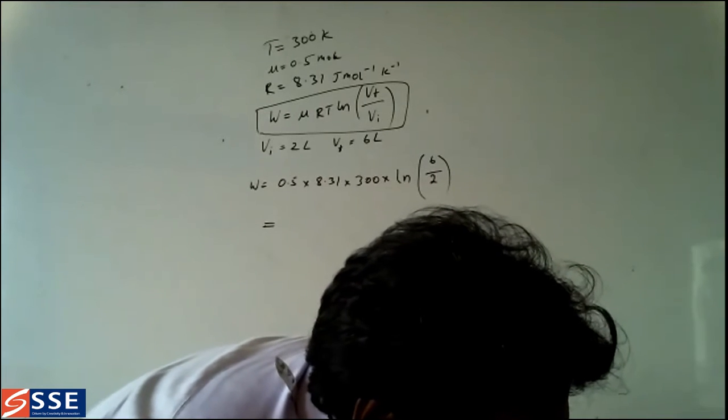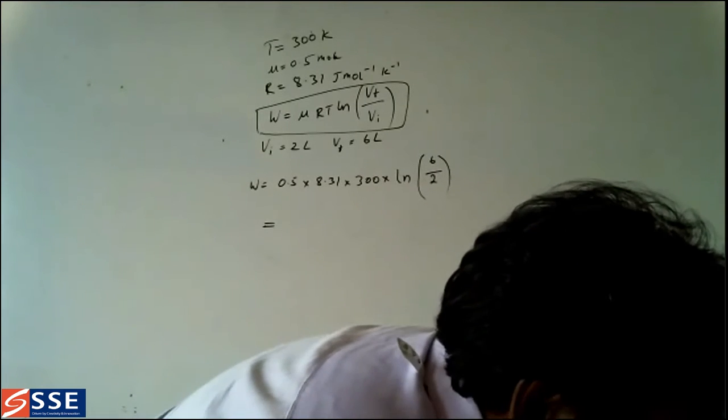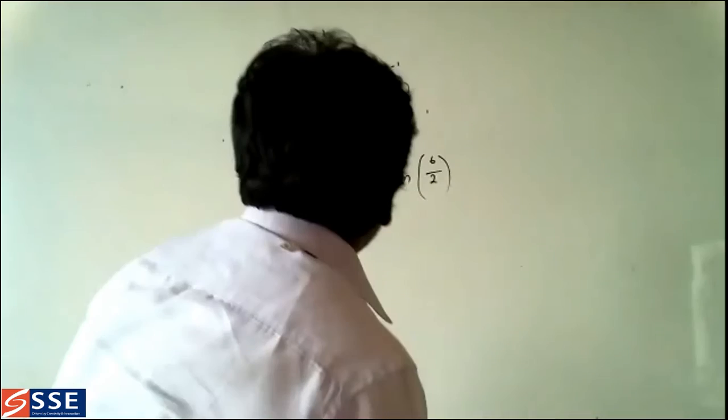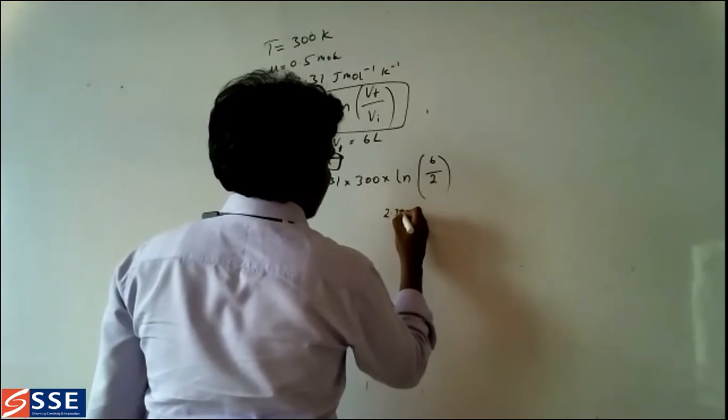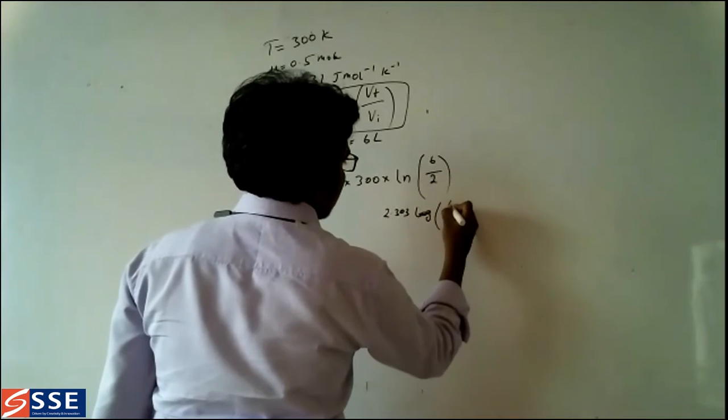So we don't want to remove the log. You can put it like this. Instead of ln, you can put 2.303 log 6 by 2.